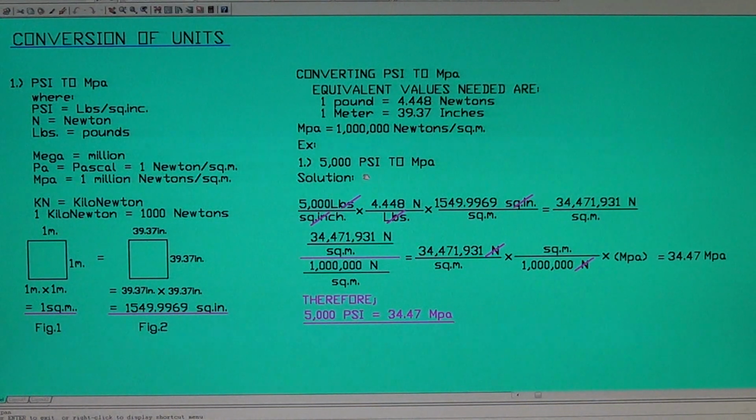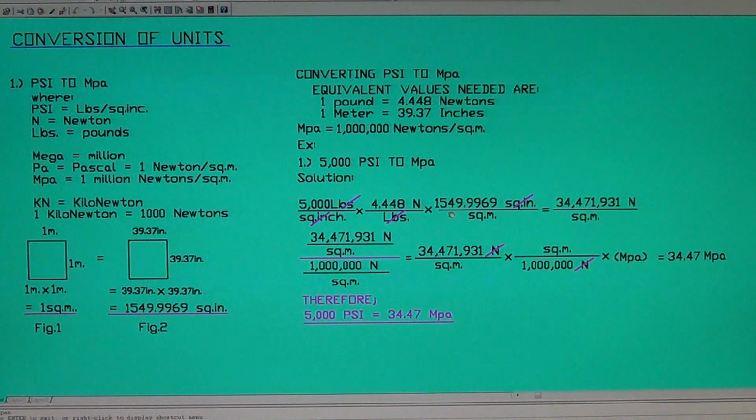So 5000 psi is 5000 pounds per square inch. That's psi. And in 1 pound there are 4.448 newtons. Now times the equivalent of 1 square meter.